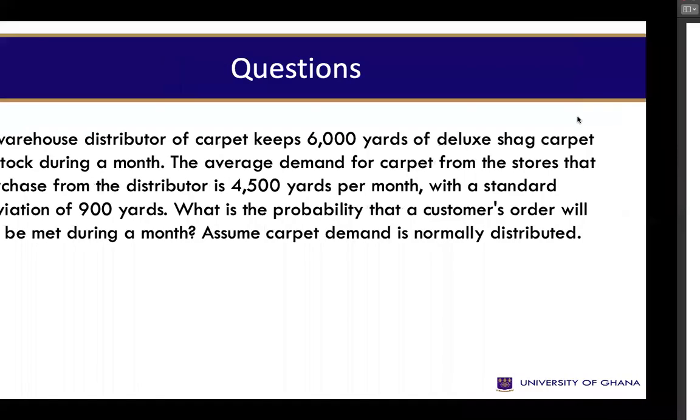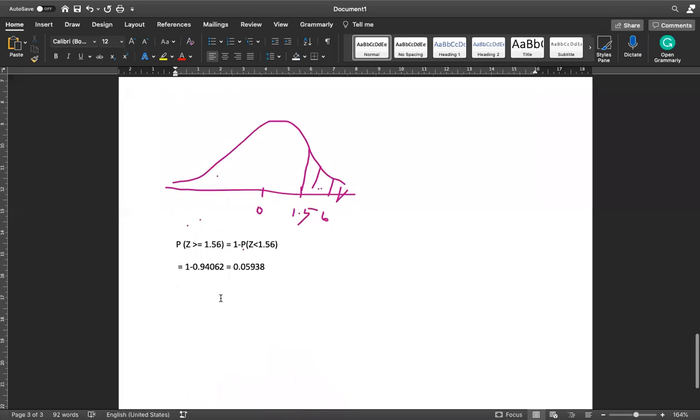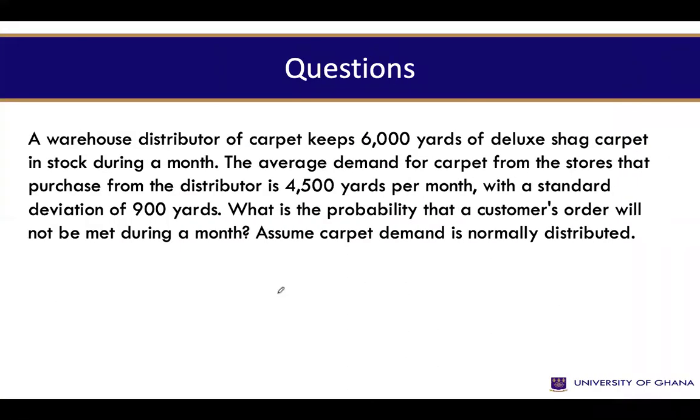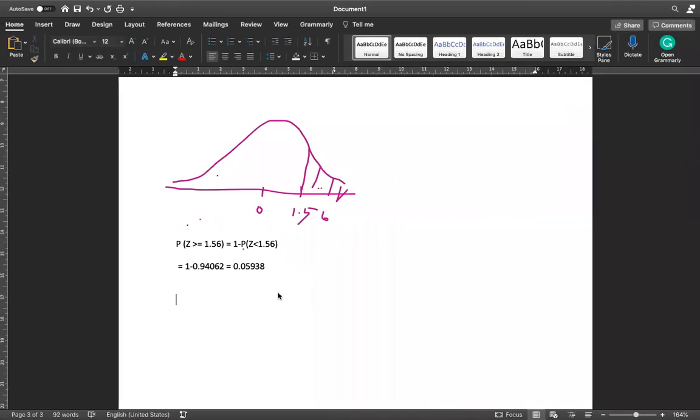Here you've not been asked to find any probability directly. The question is not straightforward. Let me put it simply. Let x be the demand for the month.